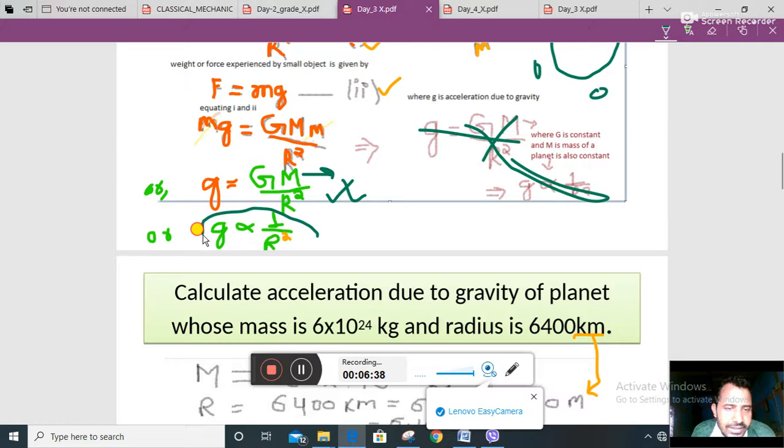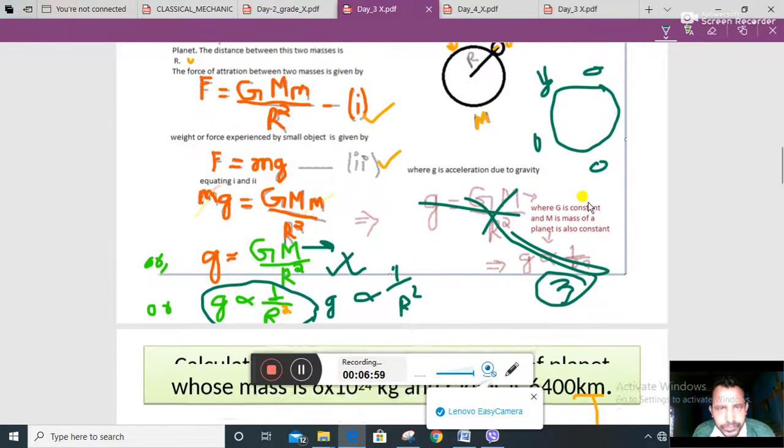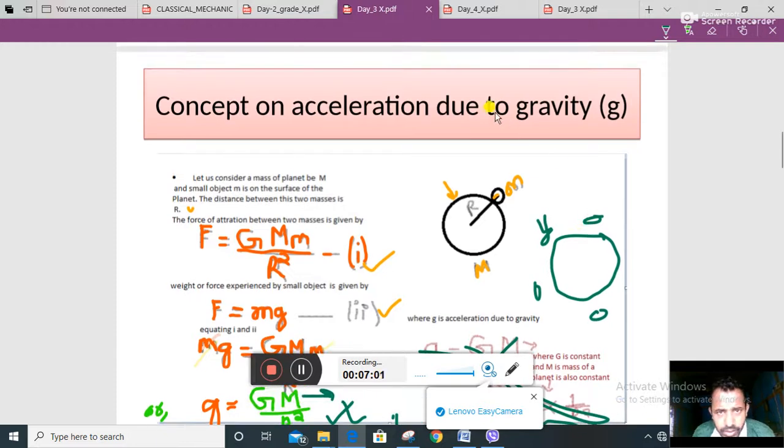We read this as g is inversely proportional to r square. This is one question you might get as a 4 or 3 marks question: prove g is inversely proportional to 1 by r square.